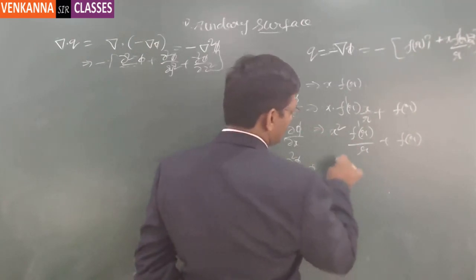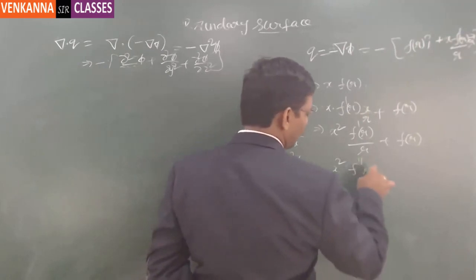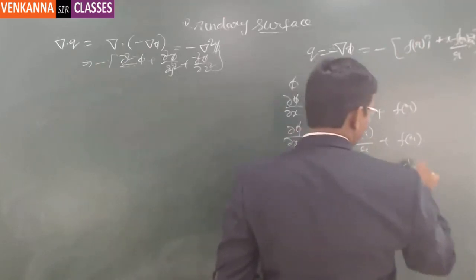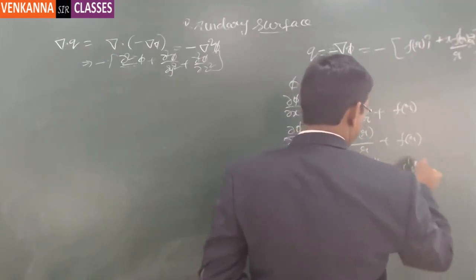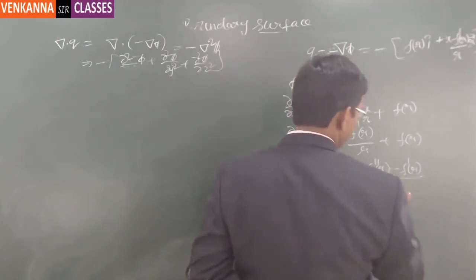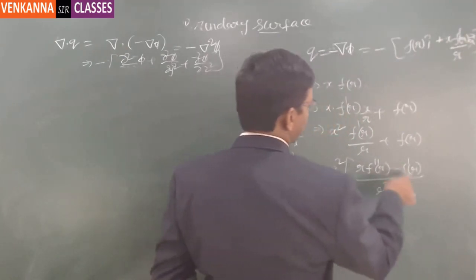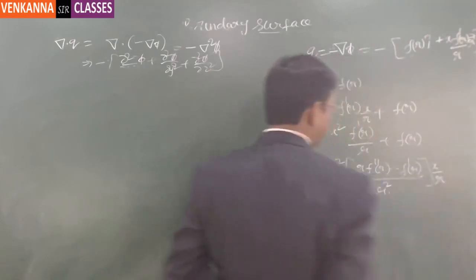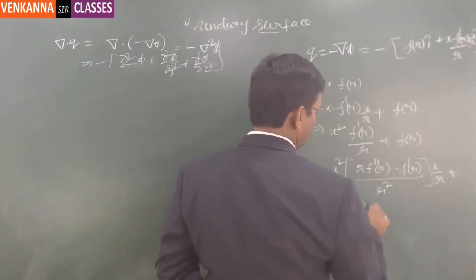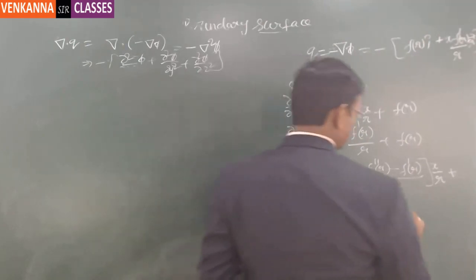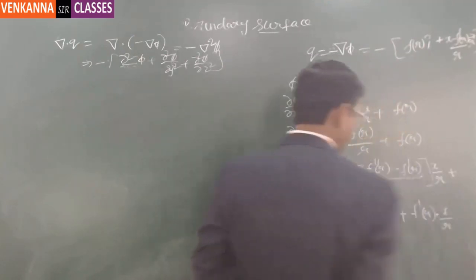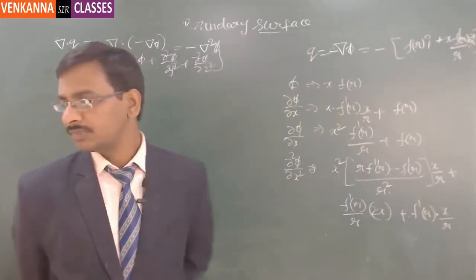This is x square into f double dash of r, into r f double dash of r minus f dash of r, divided by r square, into x by r, plus f dash of r divided by r, into the derivative of this, which will be 2x plus f dash of r into x by r. So this is ∂²phi/∂x². Got it?